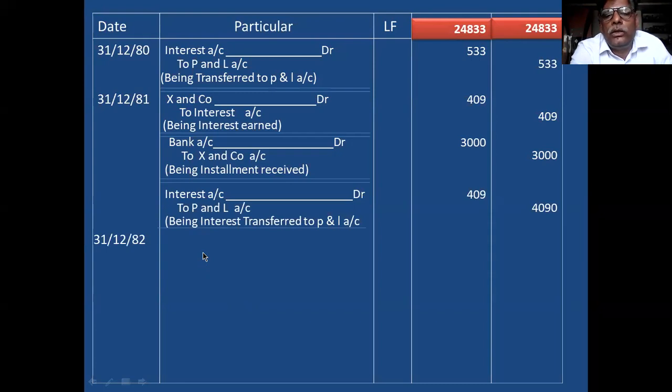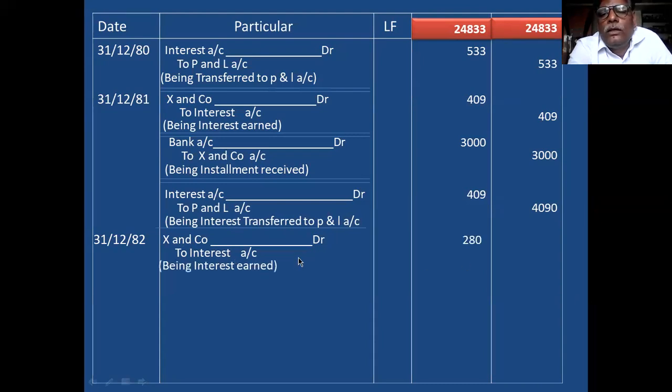In the year 1982, the first entry is for interest. Increase in debtor, increase in income. X and Company is a debtor, interest is income. So both increase. Asset increases, interest income increases. Being interest earned, 280 debit, 280 credit.